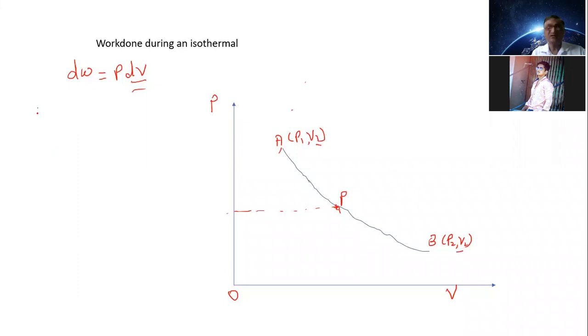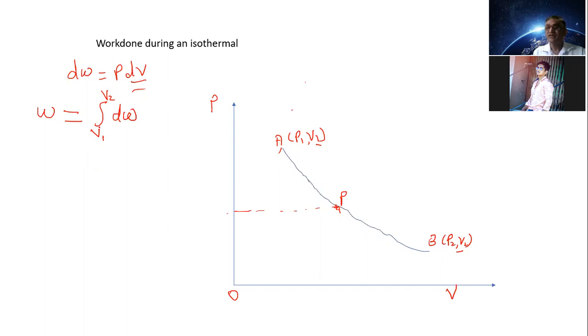Now in that case, the work done can be obtained by W is equal to integral of dW from initial volume V1 to final volume V2. The volume changes from V1 to V2.